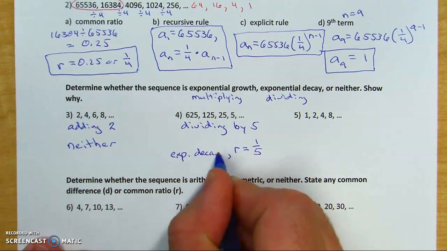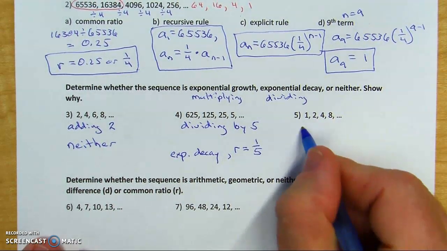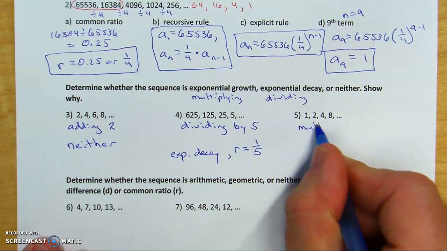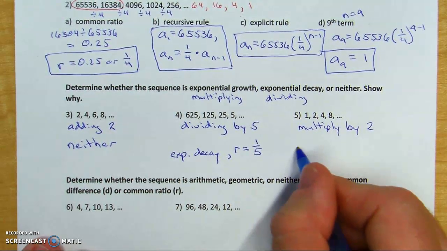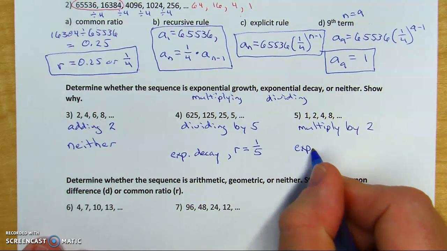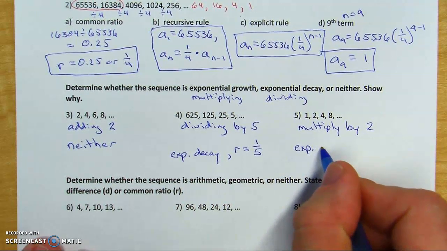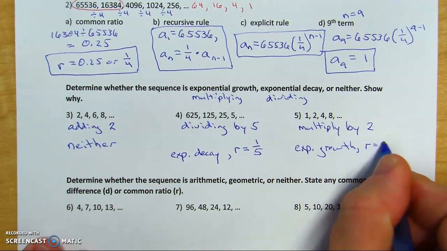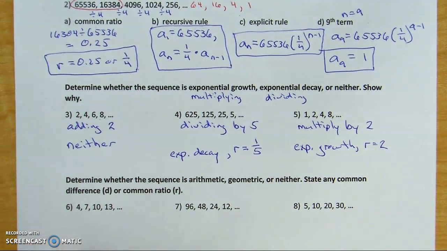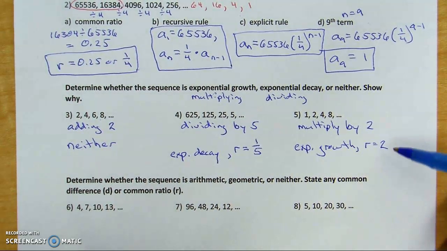That's decay. Over here, we're multiplying by 2. So that would be an example, since we're getting bigger, of exponential growth. And the r this time is 2. You don't have to flip that since we are multiplying.